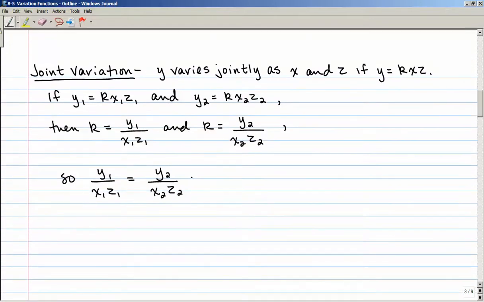Second type of variation is called joint variation. It says that y varies jointly as x and z if y is equal to k times x z.